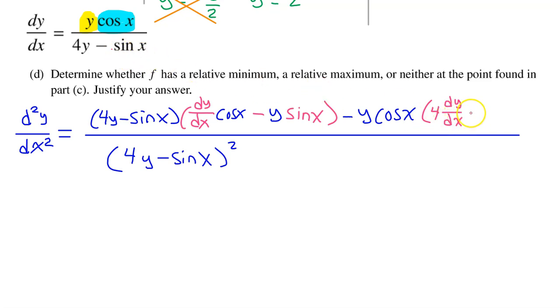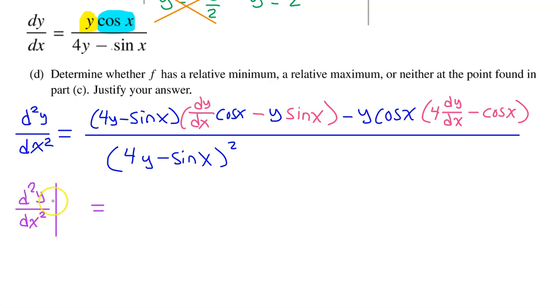And I'm just going to bring down that minus sign. The derivative of sine x is cosine x. Make sure you put this in parentheses because it is more than one term. Without the parentheses, it is wrong. So this is low d high less high d low. This is an expression for the second derivative.